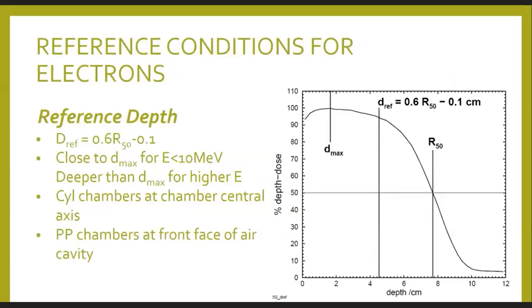For the reference depth, we have a formula provided by the protocols, which is 0.6 R50 minus 1. That's where you place your chamber when doing calibration for your electron beam.